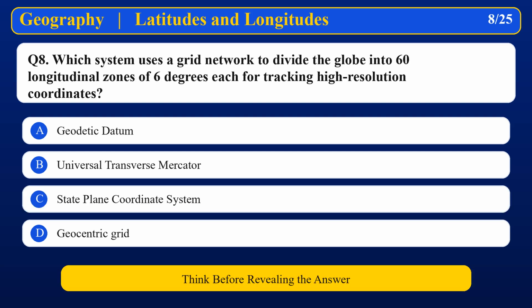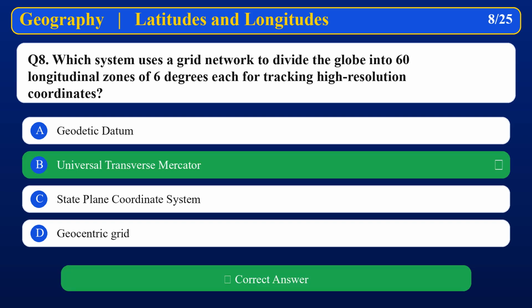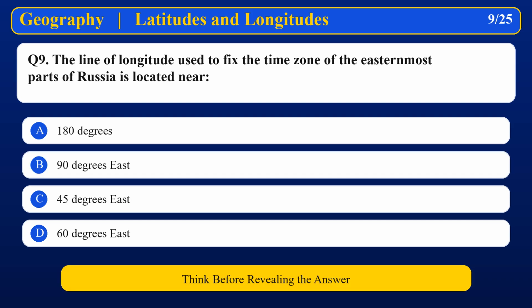Which system uses a grid network to divide the globe into 60 longitudinal zones of 6 degrees each for tracking high-resolution coordinates? Universal Transverse Mercator.